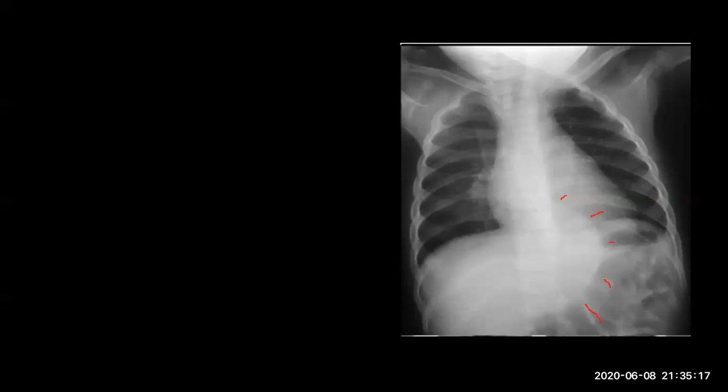Okay, very good. And what are the differential diagnoses of a posterior mediastinal mass? Teratoma. Teratoma is mainly anterior. Doctor, divide them into neoplastic and non-neoplastic tumors. Neurogenic tumor, like what? For example, neuroblastoma.